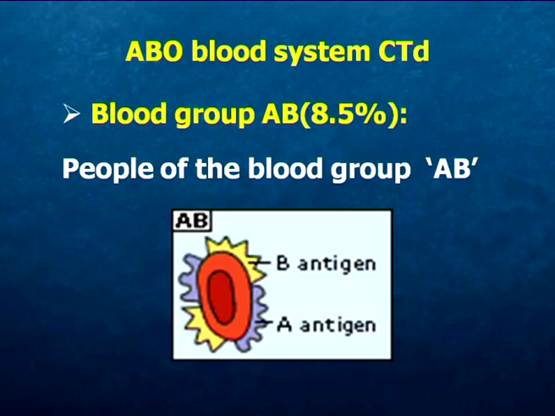Why do they possess the two antibodies? Because they don't have the corresponding antigens, antigen A and antigen B, on their RBCs. Now, the last group, but the least represented one, blood group AB. It accounts for 8.5%. People of this group AB have both A and B antigens on the surface of the RBCs.